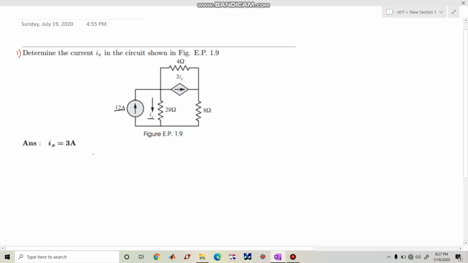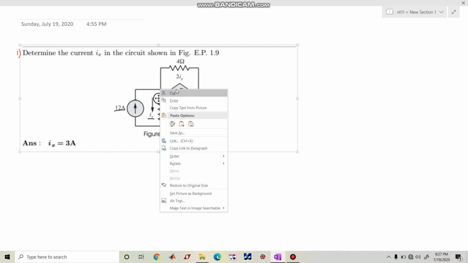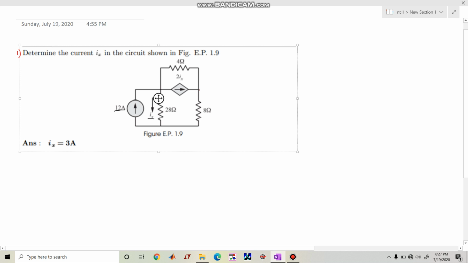First let me denote the nodes. This is the first node, V1, second V2, and another node you can consider as ground. No need to denote it.